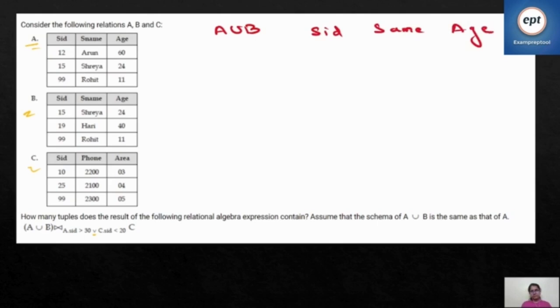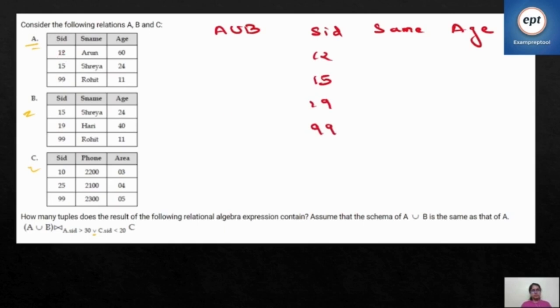The SIDs we will get are 12, 15, 19 and 99.